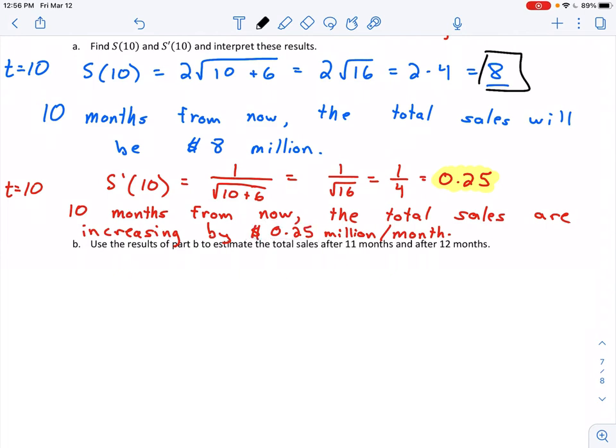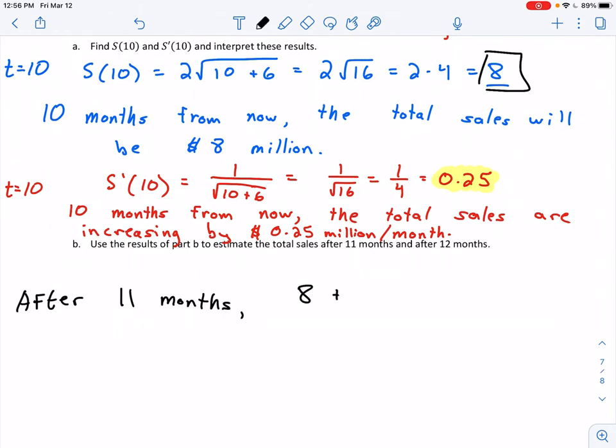So if I want to find the total sales after 11 months, well, 11 months is simply 1 month after 10 months. So I'm going to take my total sales after 10 months, which was 8. And we said it was increasing by 0.25.